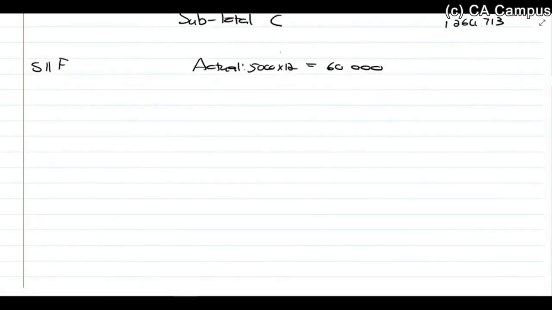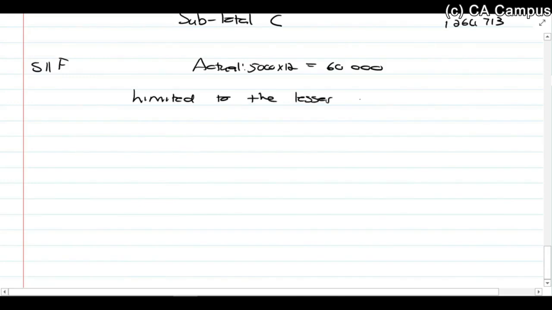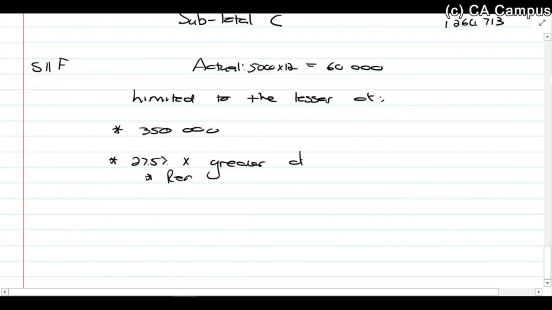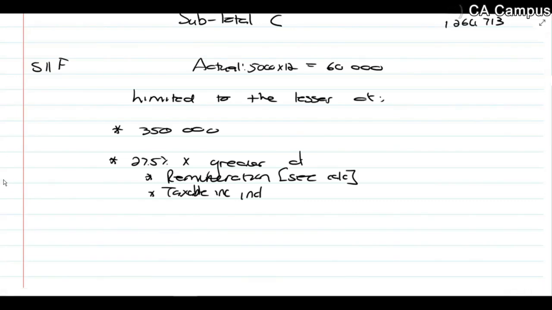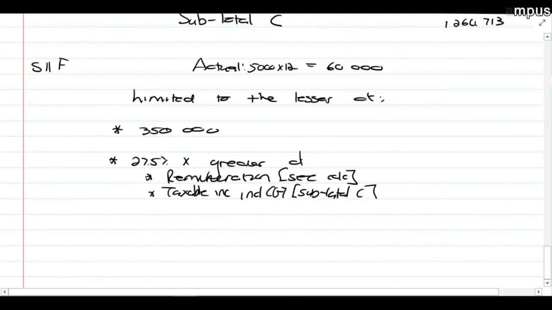And now we have to start off our limits. This is limited to the lesser of 350,000 or 27.5% times the greater of remuneration. See, there's that figure we keep talking about. We'll see the calculation of that. Or the taxable income including CGT, which is subtotal C that we calculated above.